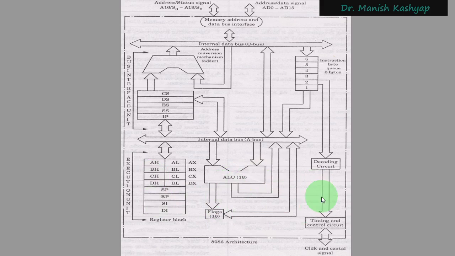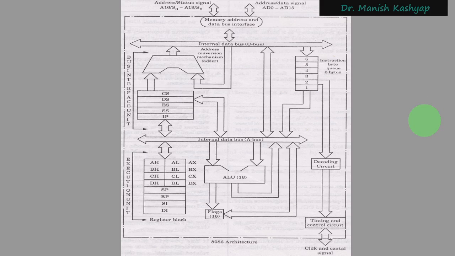These calculations will be done by the execution unit, and the bus interface unit will be working independent of the execution unit. The purpose of the bus interface unit is to transfer the data from the externally interfaced 1 megabyte memory, that is the maximum possible memory which you can externally interface to the 8086 microprocessor.